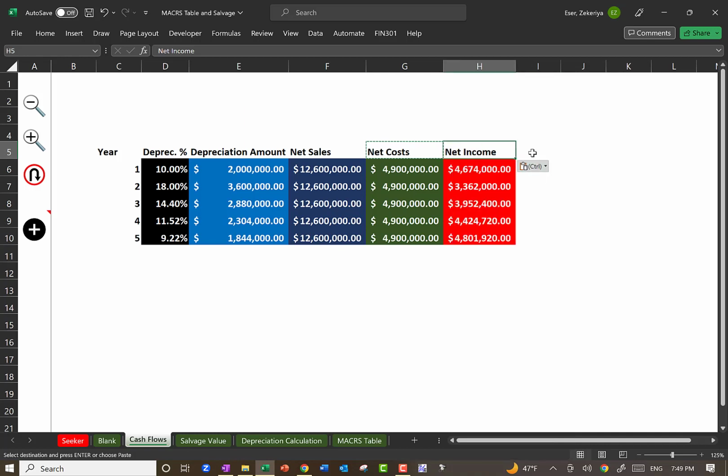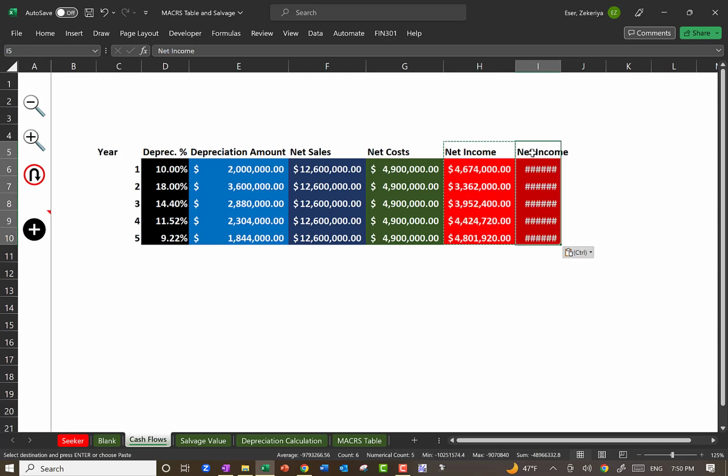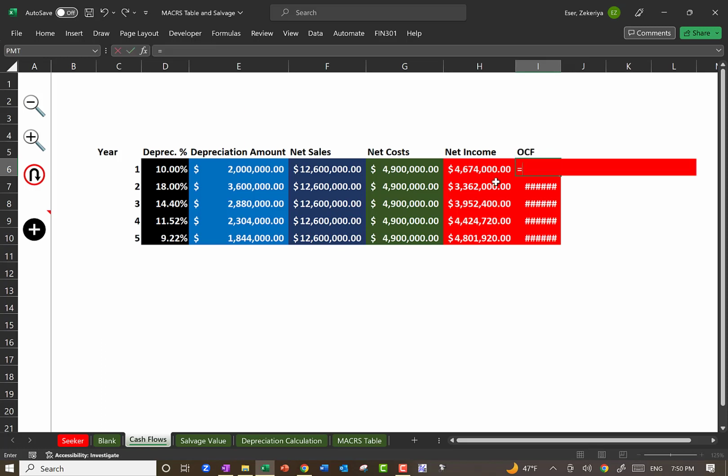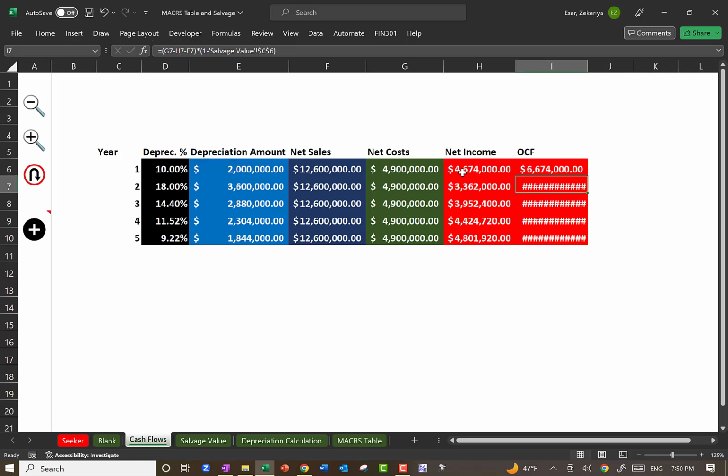And all I have to do is calculate my OCF. Add to net income, depreciation. All right.